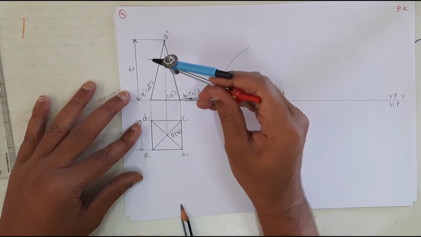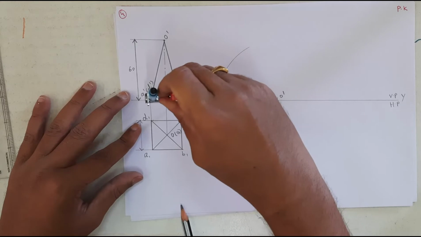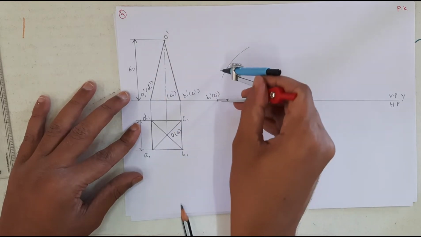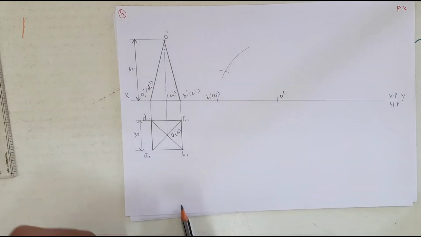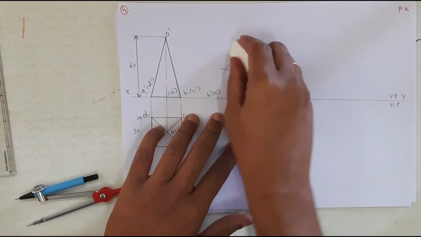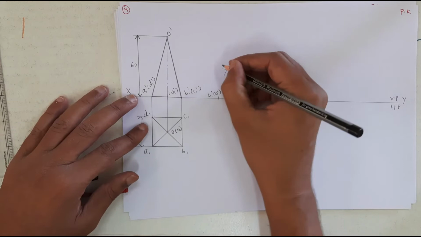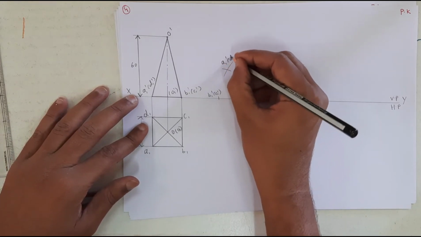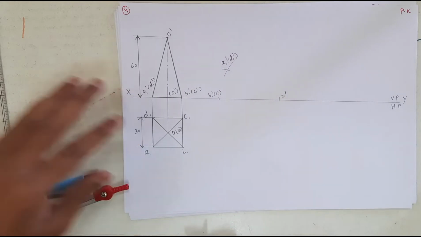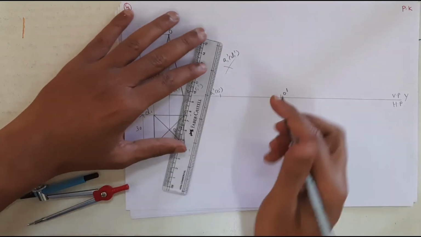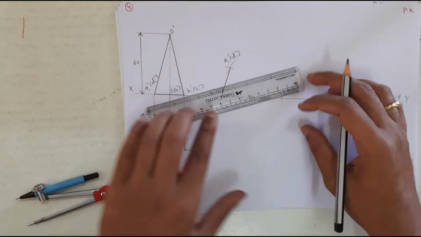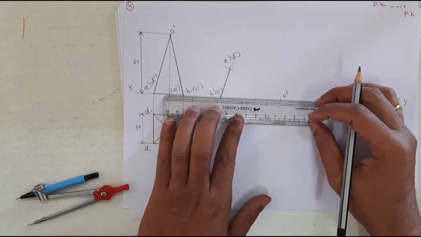Now take the measurement from B1 dash to A1 dash. Cut the arc. Just erase the extra things. So this is A1 dash in bracket D1 dash. Okay. I am going to join this with dark lines.